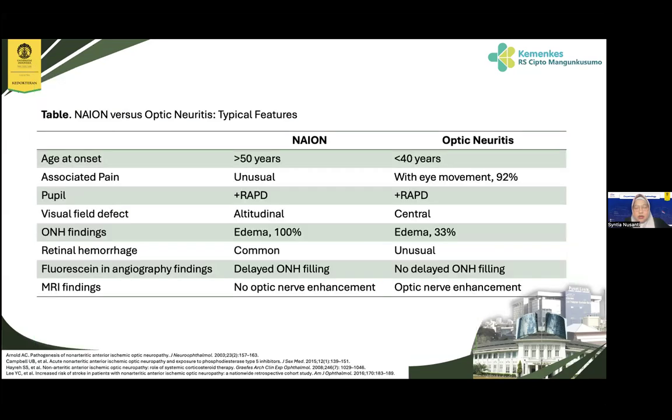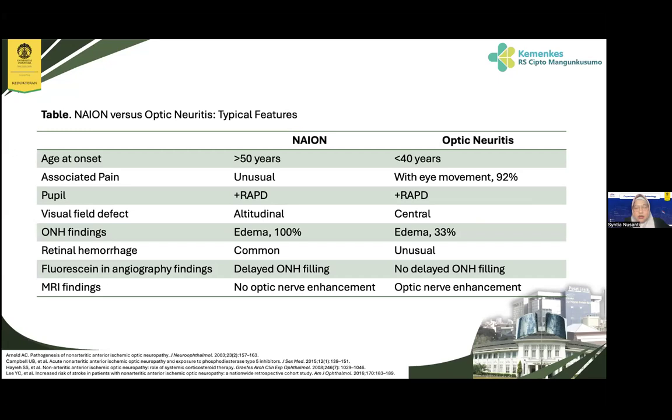We also have to differentiate between NAION and optic neuritis. Usually the onset will be younger in optic neuritis, even though we have patients over 50 also. The visual field defect will be altitudinal or acute in non-arteritic ischemic optic neuropathy, and usually in optic neuritis it will be central.